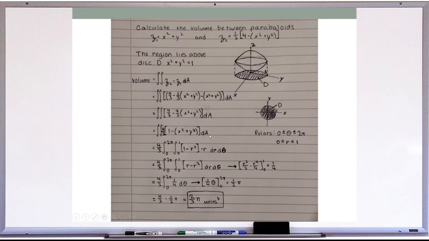Now from here, we want to replace dA with r dr d theta, because we are no longer looking at this integration as horizontal and vertical lines. We are looking at this as parabolic and circular. We can visualize this as if we're looking at a spider web, for example.